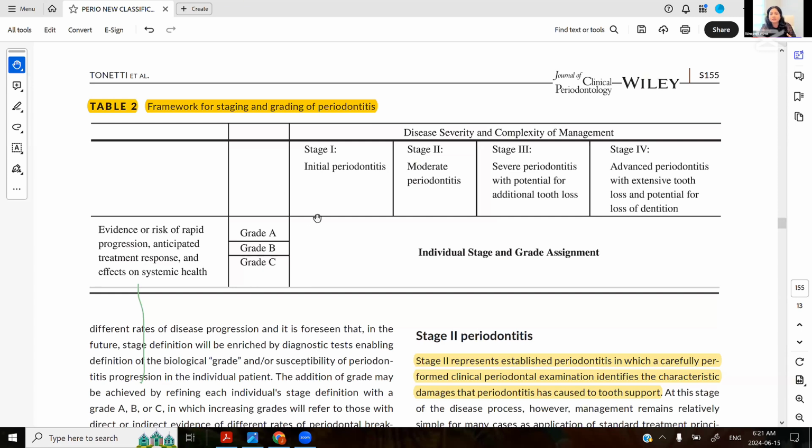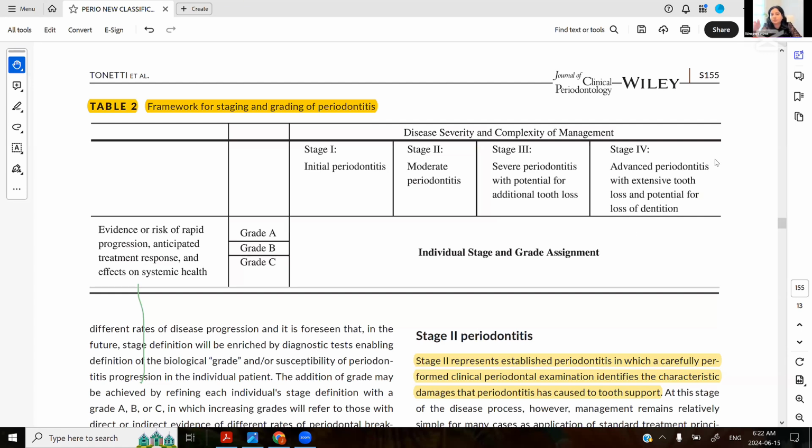So the staging would be stage 1, 2, 3, and 4. Stage 1 is initial periodontitis, and stage 2 is moderate periodontitis. Stage 3 is the severe one with potential for additional tooth loss. And stage 4 is advanced periodontitis with already extensive tooth loss and potential for loss of the dentition as well.